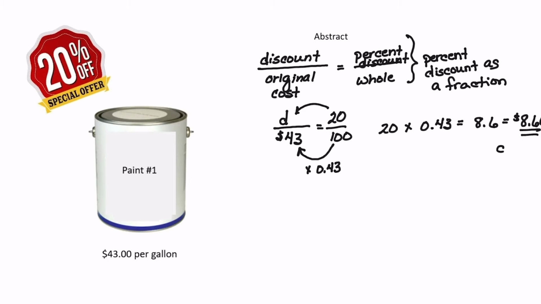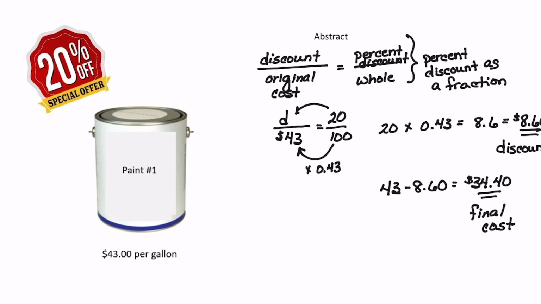That is going to be my discount. To figure out my final cost, I can just say $43 minus $8.60. That's going to give me $34.40 as my final cost.